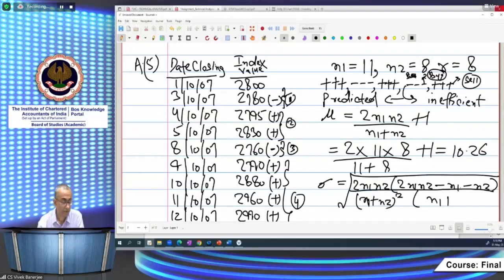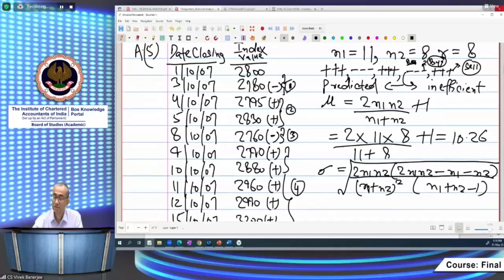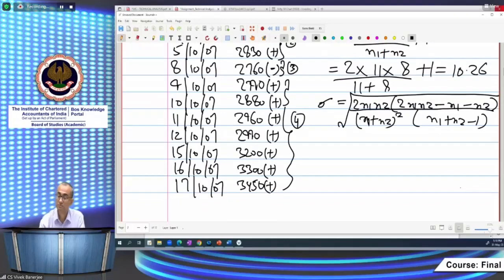So let us calculate the standard deviation.